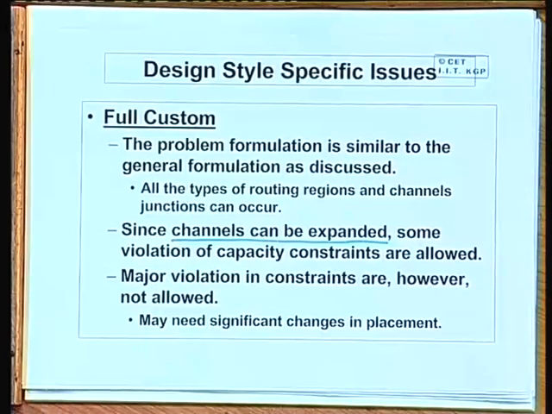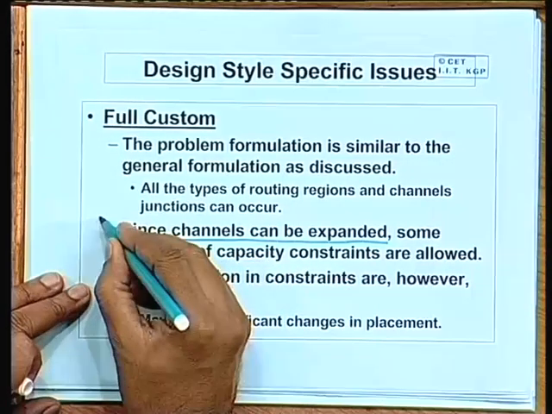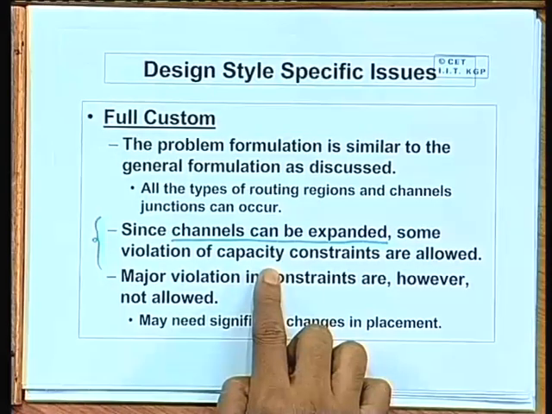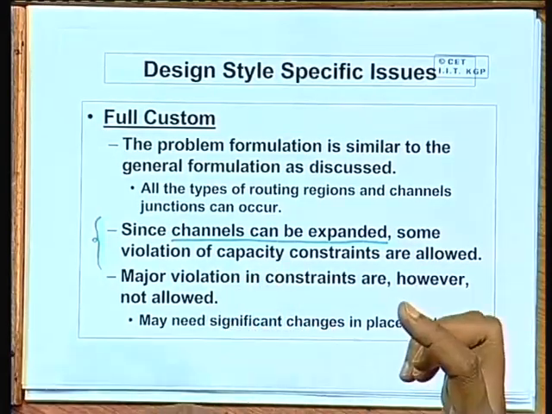But one thing to remember, although we are saying that we can handle expansion of channels if required, if there is a major violation, where the space we have kept, we have to double that space, then basically we are making a drastic change in the placement by shifting the blocks considerably.